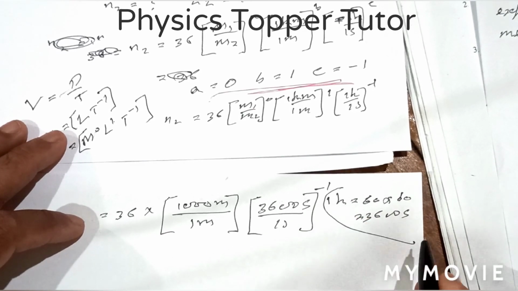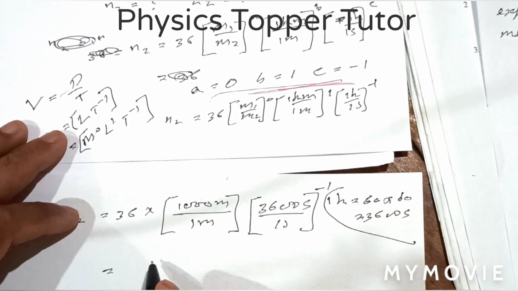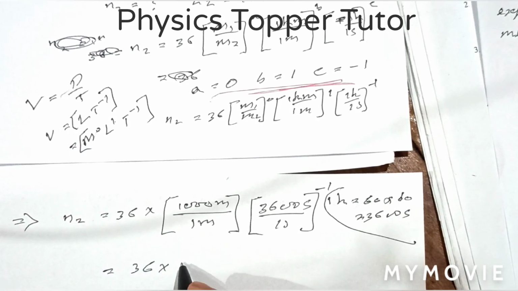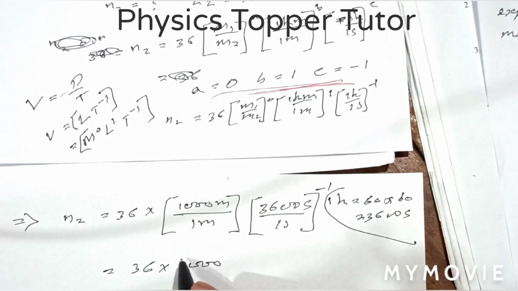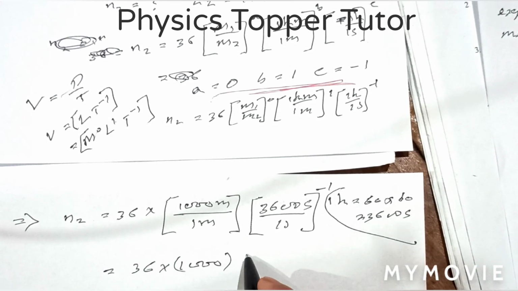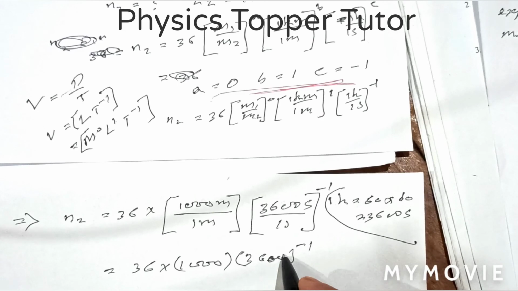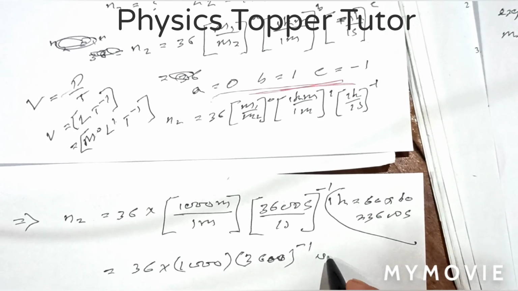Okay, 36 into 1000, 3600 to the power -1 unit. Let's write unit here.